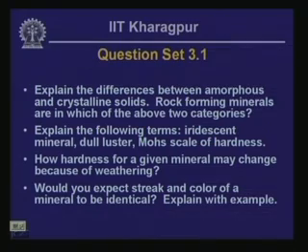Then I asked, as a part of this question itself, an explanation of Mohs scale of hardness. It is a comparative scale really that distinguishes the surface hardness of different types of minerals.